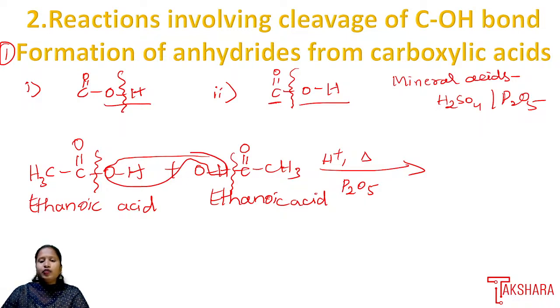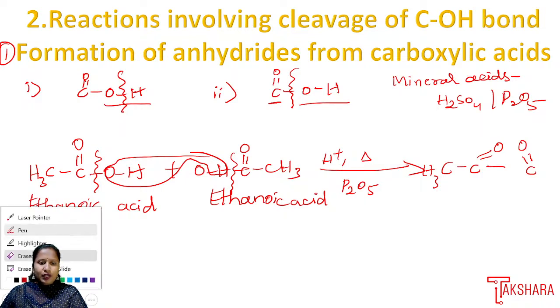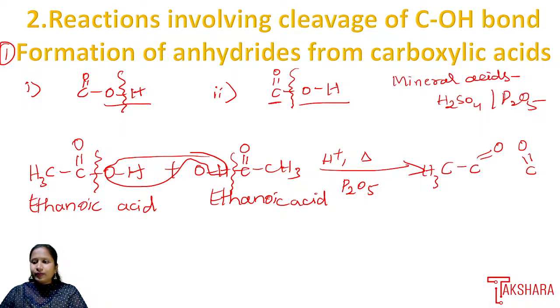Along with it we get the formation of acetic anhydride, that is CH3C=O, then O, and another C=O with CH3, with the one oxygen left out apart from the water molecule.